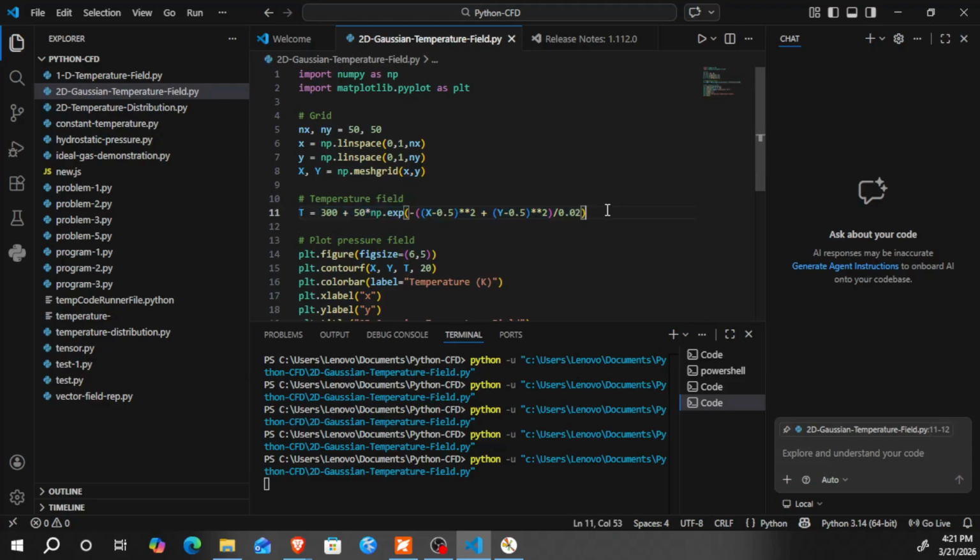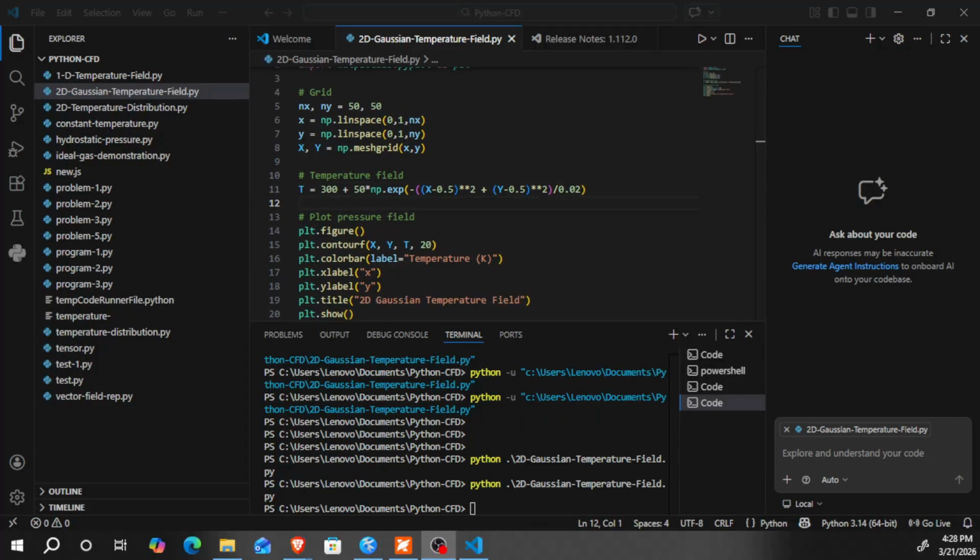So now what I will do is modify this program and add the ideal gas law here, so that we can use the same temperature field to model the pressure field. So let us start modifying the program.